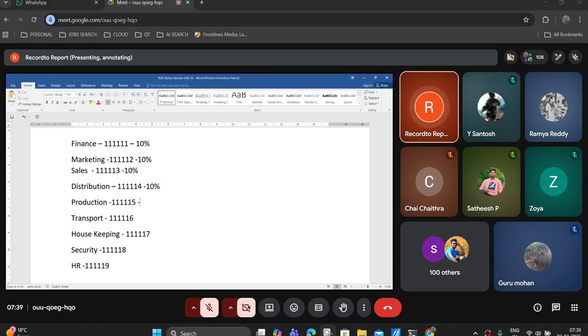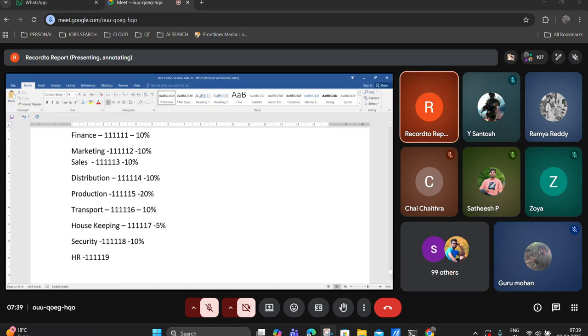In production, assume 20 percentage, transportation 10 percentage, housekeeping 5 percentage, security 10 percentage, and HR 10 percentage. Distribution, to keep the goods, has consumed 15 percentage. So this is the percentage wise allocation of cost given for this task.